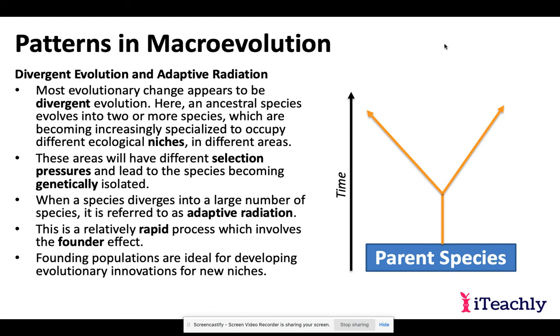Then those two species will have two separate niches. When a species diverges into a large number of species, it's referred to as an adaptive radiation. This is a rapid process, and it usually is because of a founder effect. So again, they're filling this new space, this new niche.